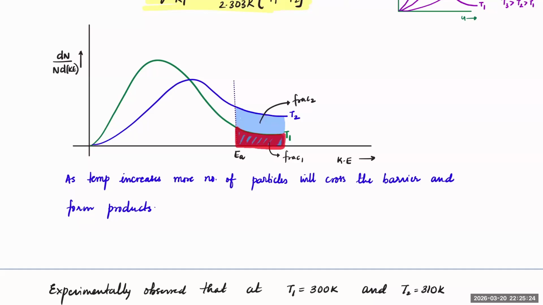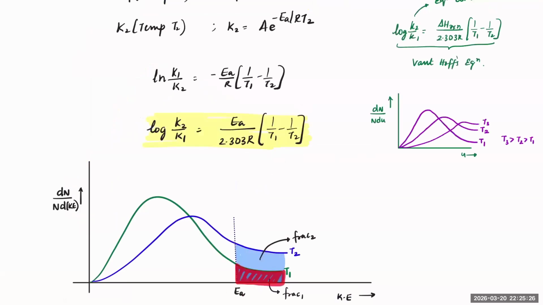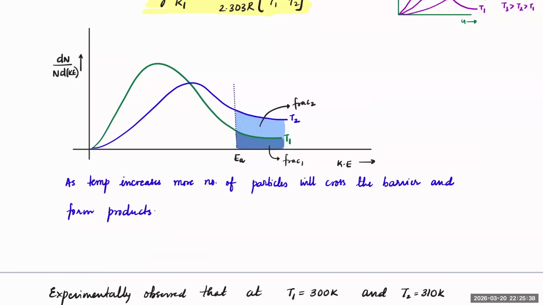Remember that the area under the graph gives the total number of particles, which is equal to 1, the sum of all fractions. Similarly, this is the fraction of particles crossing the activation energy barrier at temperature T2.